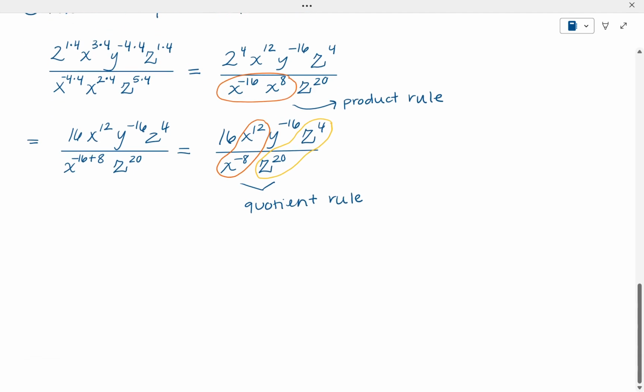So when we're dividing z to the 4th by z to the 20th, we end up subtracting the exponents. So this becomes 16 times x to the 12 minus negative 8, y to the negative 16th, and z to the 4 minus 20.